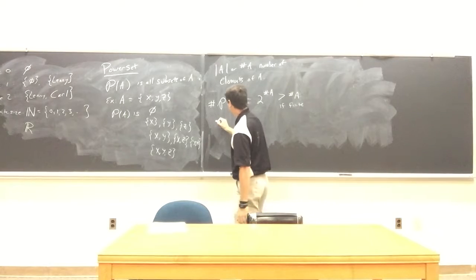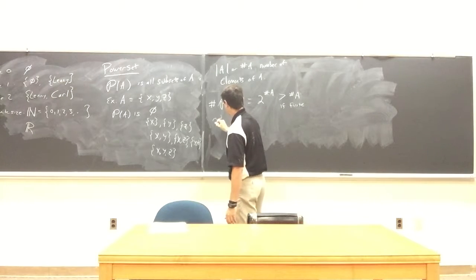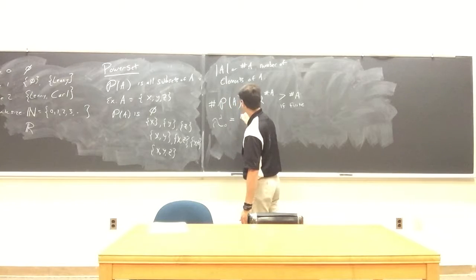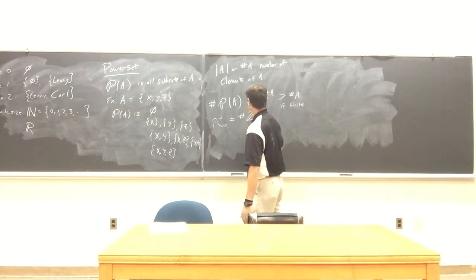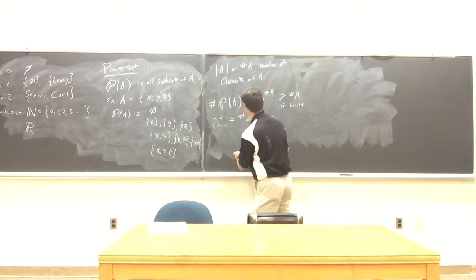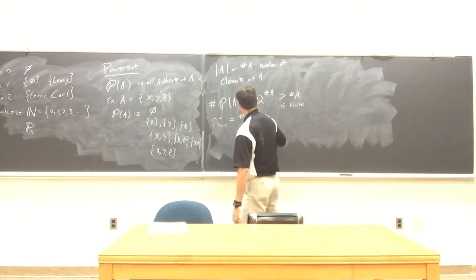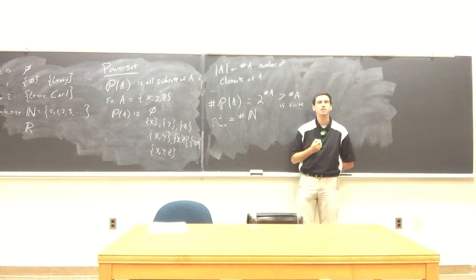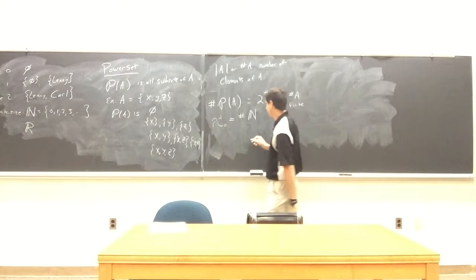So notation, this is one of the few times it's useful to be Jewish: Aleph naught is equal to the cardinality of, well, I guess we'll use the natural numbers. So Aleph naught is the smallest infinity. Now we have the reals.